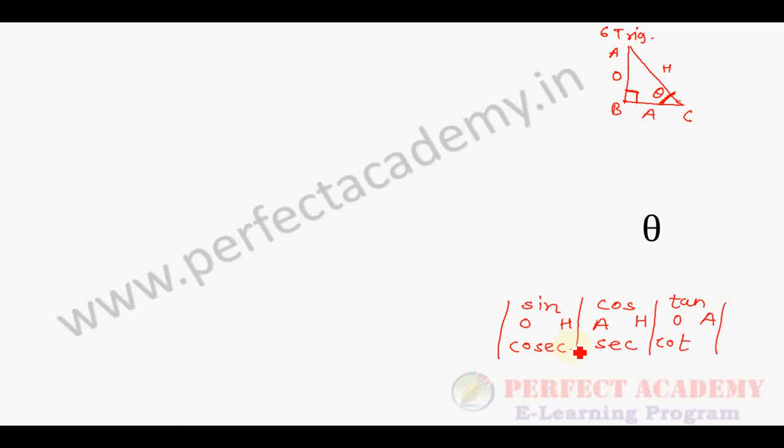Right? Well, now after writing these ratios in clockwise manner, sine, cos, tan, cot, sec, cosec, mind you, these are 6 basic trigonometric ratios. I'll put arrows on each first letter.